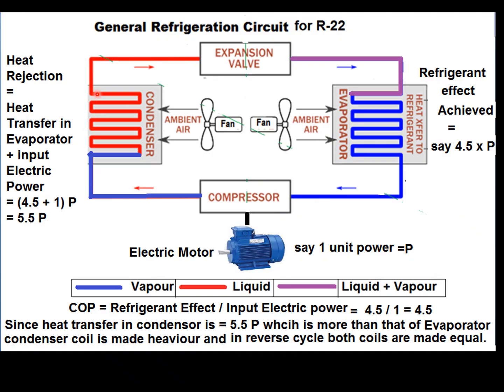So the condenser coil has to be bigger in size as compared to the evaporator coils, cooling coils. That is the question which is asked in most of the examinations.